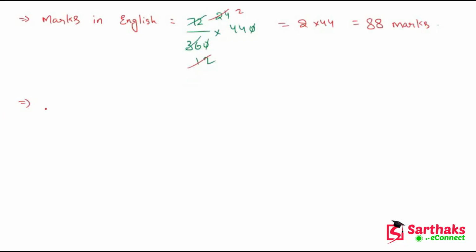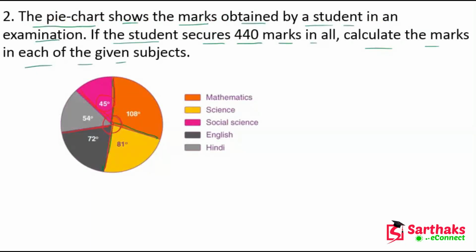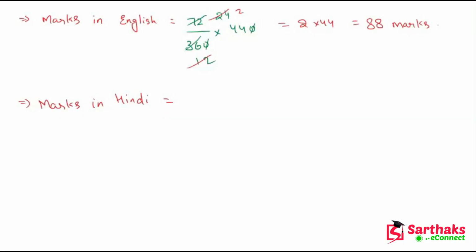Okay, now marks in Hindi. Now in Hindi, the central angle is 54 degree. So this will become 54 upon 360 into 440. This 0 is cancelled. Okay, so we can divide 36 by 3 in 12 times, and we can divide 54 by 3 in 18 times.